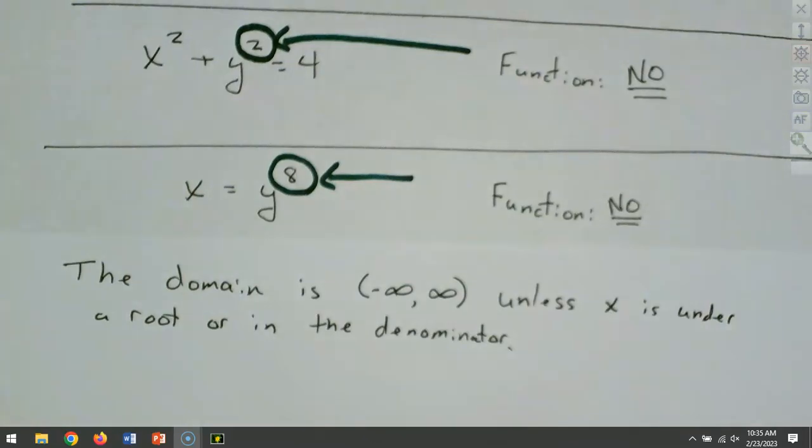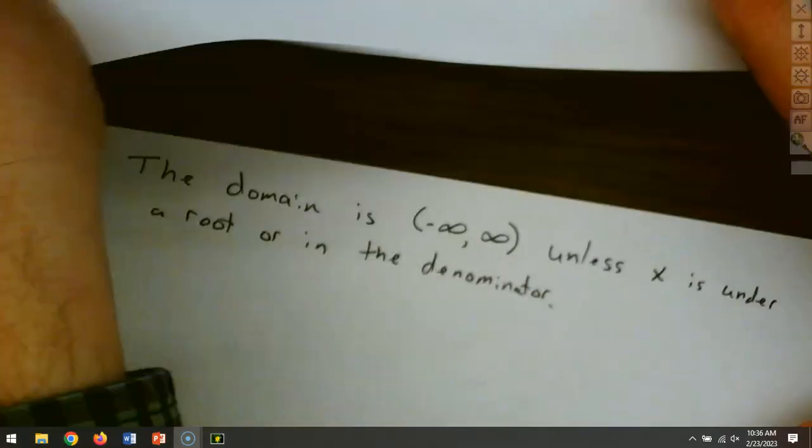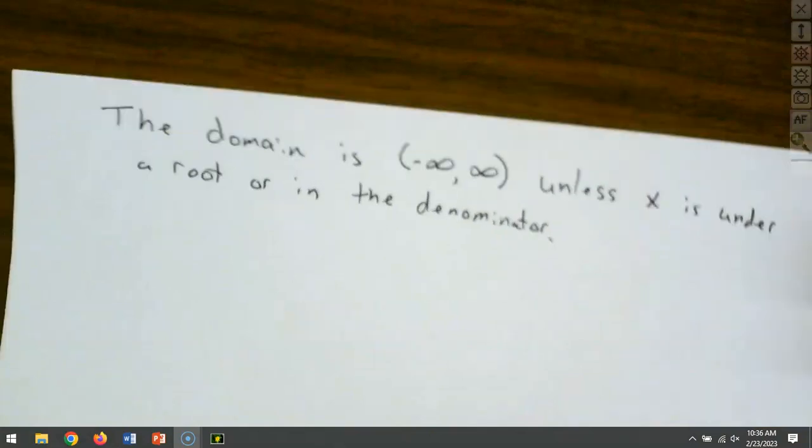So the domain is going to be, and this is usually what it will be, 90% of the time your domain will be negative to positive infinity. Okay? Unless your x is either under a root or in the denominator of a fraction. Those are the only two exceptions. So most of the time it's very easy to do.